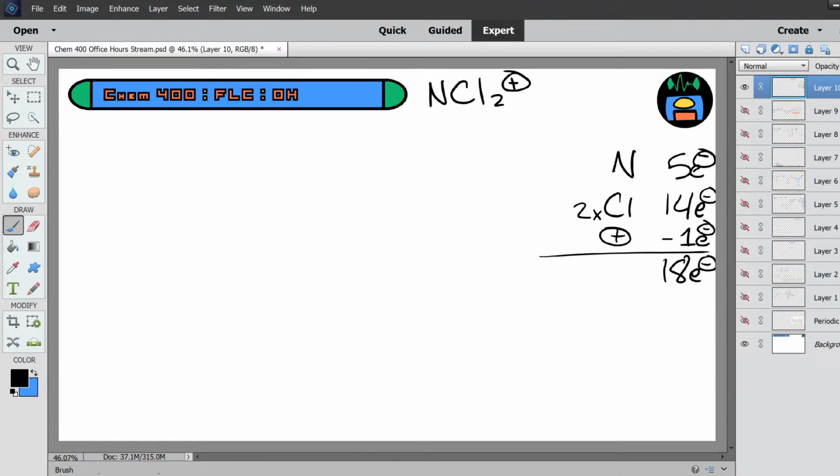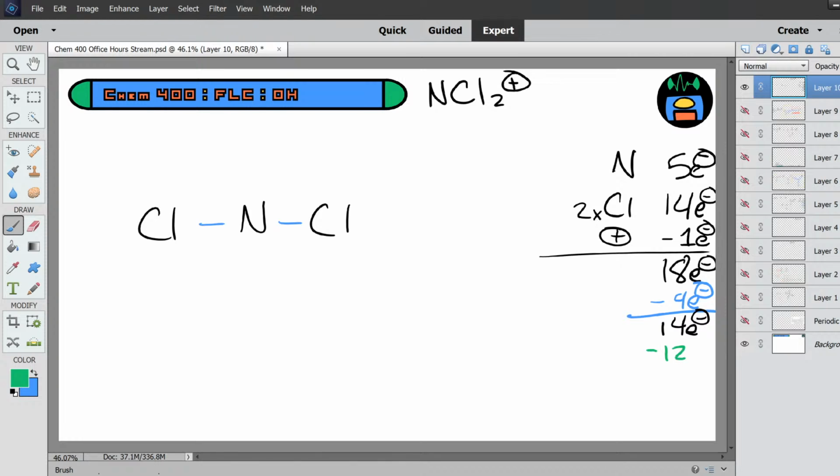So I'm going to put nitrogen in the center and spend 4 electrons, so minus 4, in order to attach my chlorines, leaving me with 14. Now, each chlorine needs 6 more electrons. We've got 2 of them.